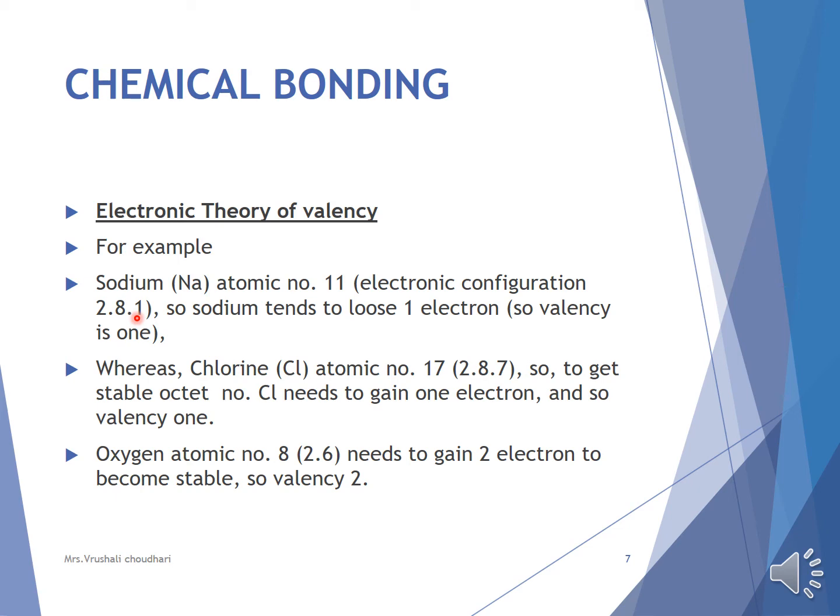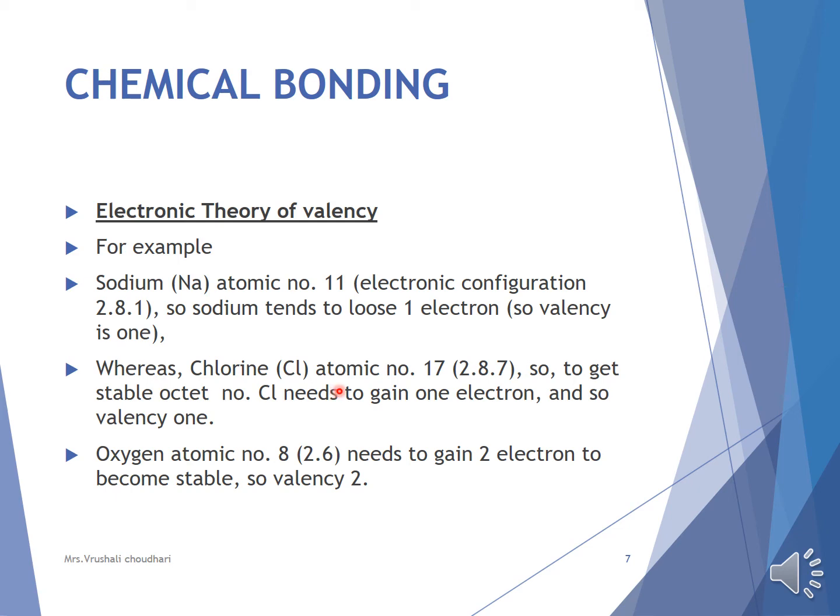So the valence electron is 1. To get a stable octet, sodium tries to lose this 1 electron and become stable. So the valency of sodium is 1.